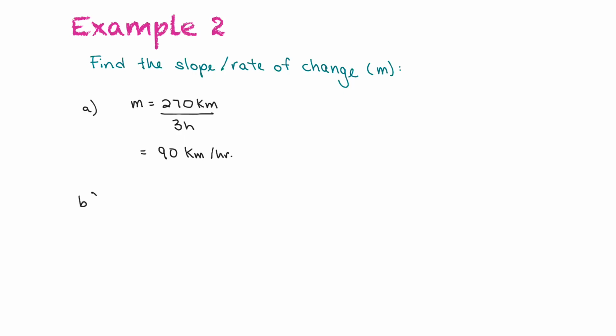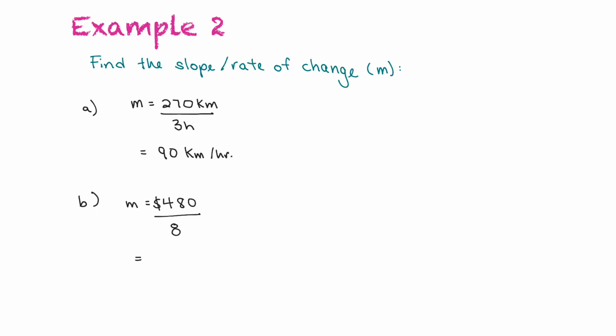In another example, we're being told that the total cost varies directly with the number of games bought. 8 games cost $480. So this time, slope is going to equal $480 divided by 8.